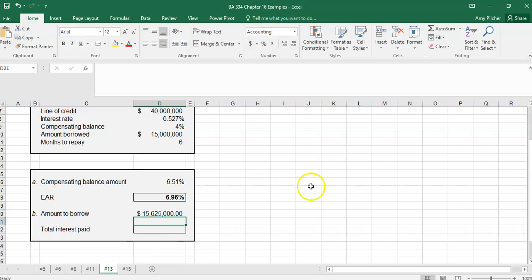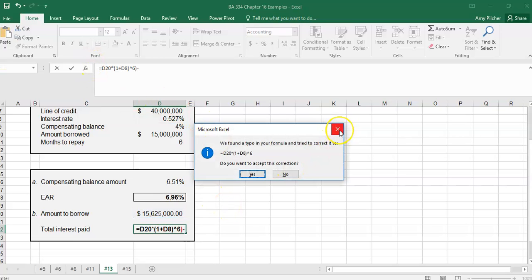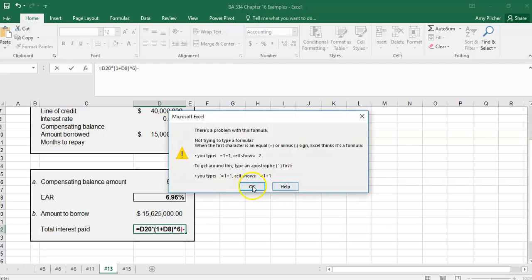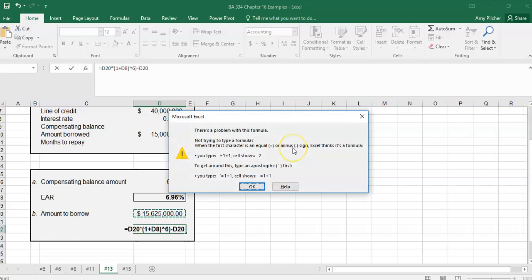The total interest we'll pay is the amount that we borrow times 1 plus our interest rate to the power of 6, because it's 6 months, minus the amount that we're borrowing.